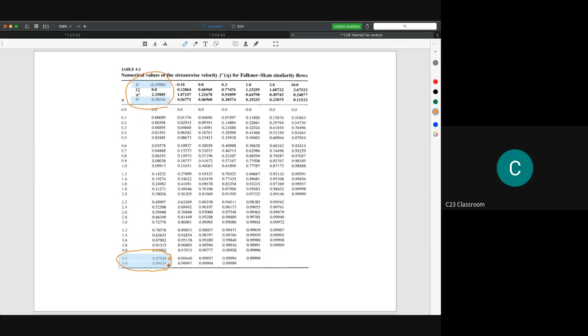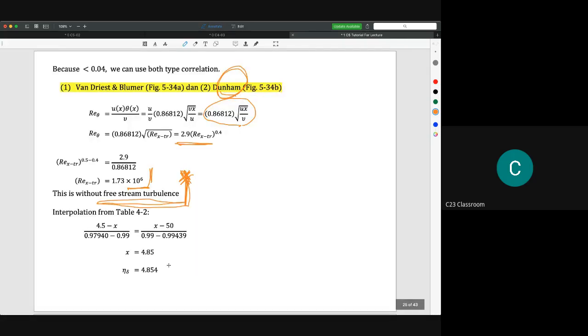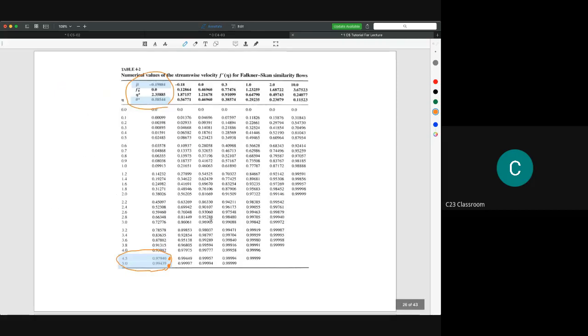From the interpolation, we could get that eta delta is equal to 4.854, because we are calculating specifically 99%. I hope you could understand this one. We could estimate the value of eta delta by looking at this table. I already explained about this.